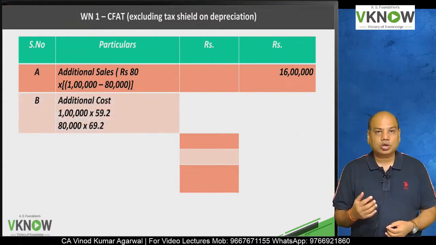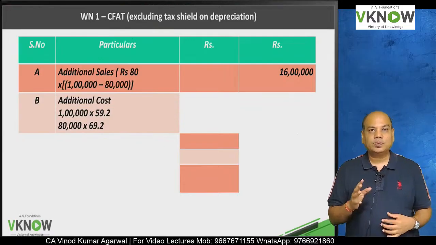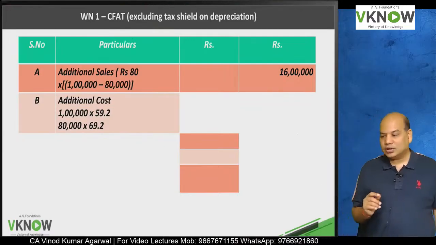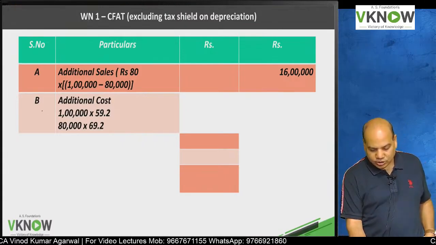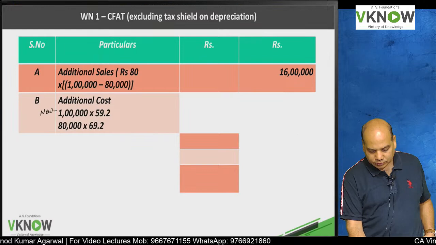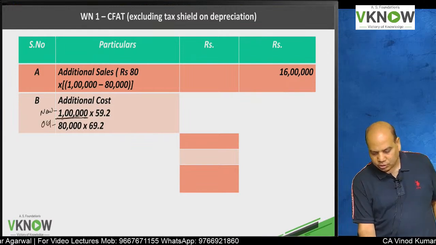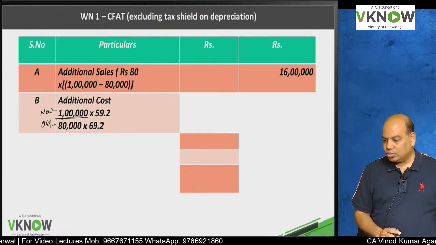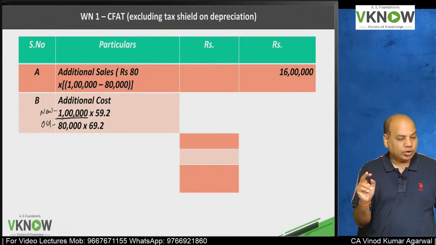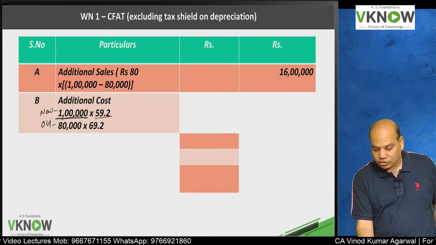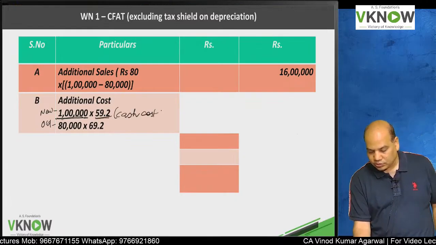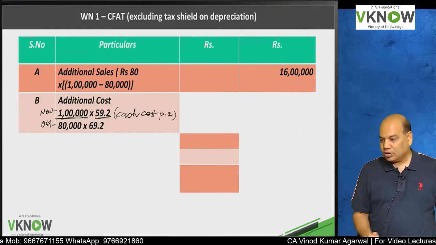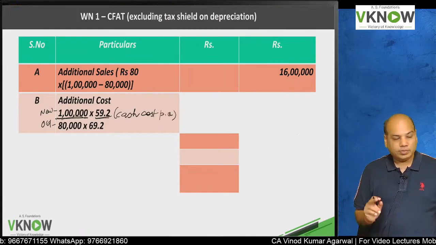Then additional cost. This is the point where you go wrong. Additional cost under new machine. I am going to produce 1 lakh units into cash cost per unit of 59.2.